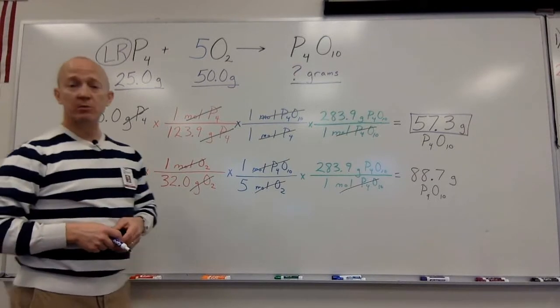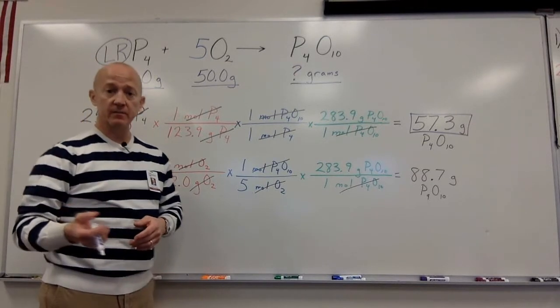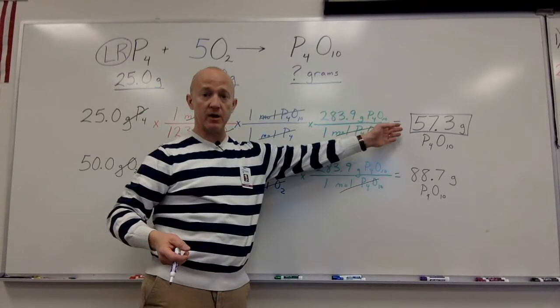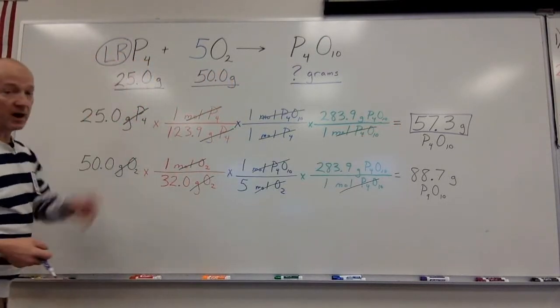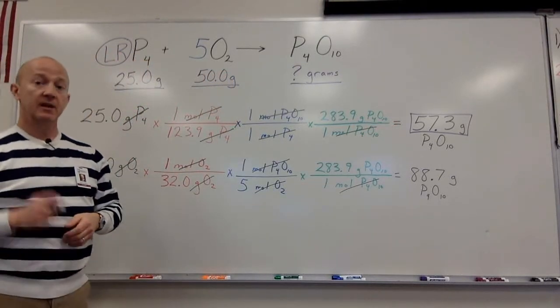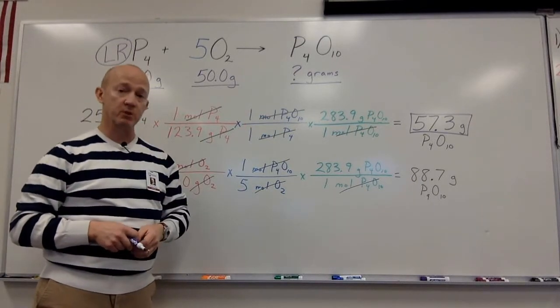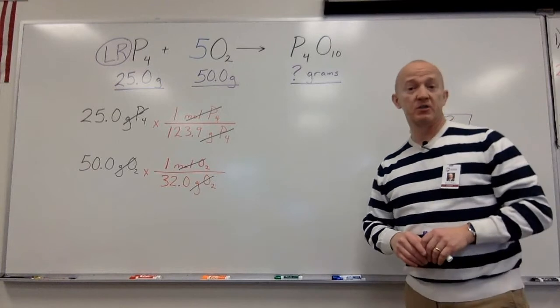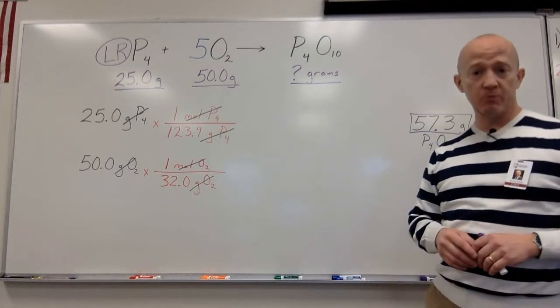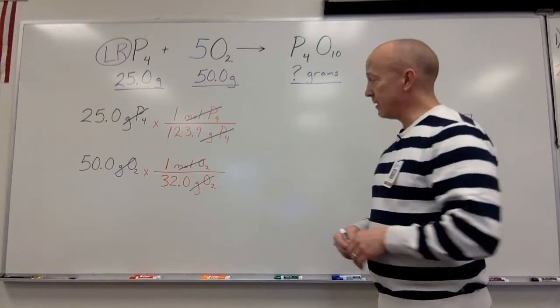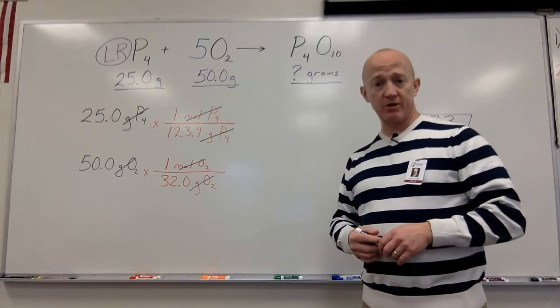And now I have no trouble determining the limiting reactant. It's the one that produces the least amount of product. That means phosphorus is my limiting reactant. And it means that the most product I can make is 57.3 grams. Let me show you now how we can determine how much excess oxygen we have. Let's start by determining how many moles of each of these reactants we actually have.